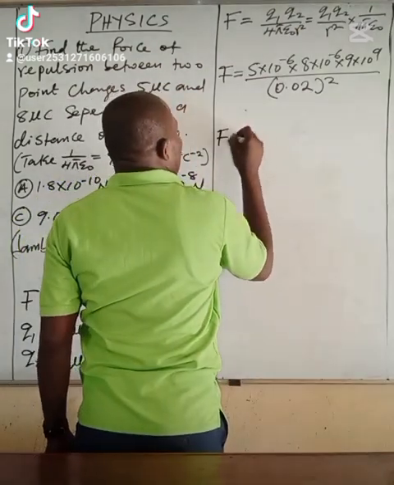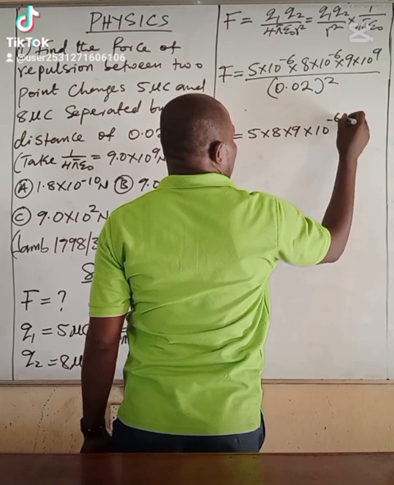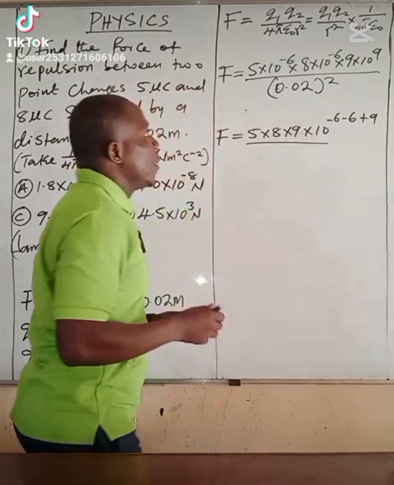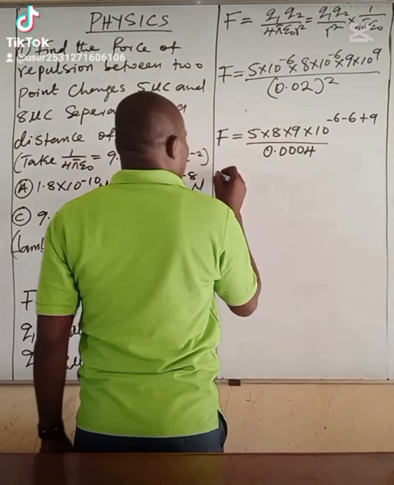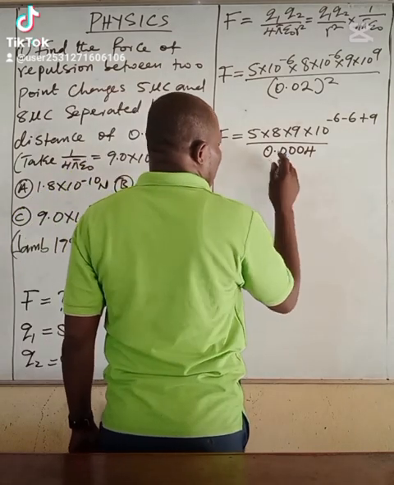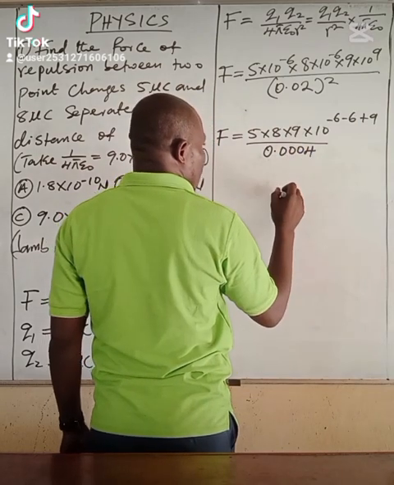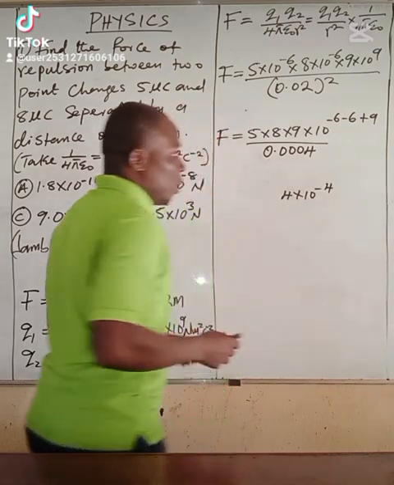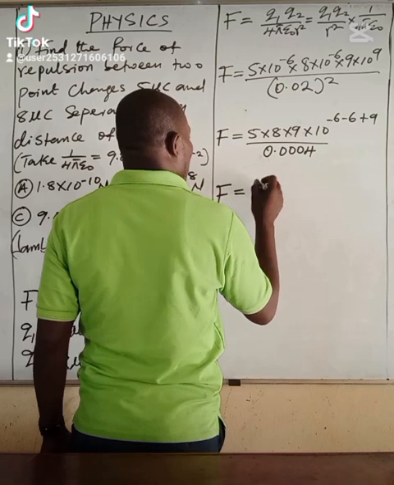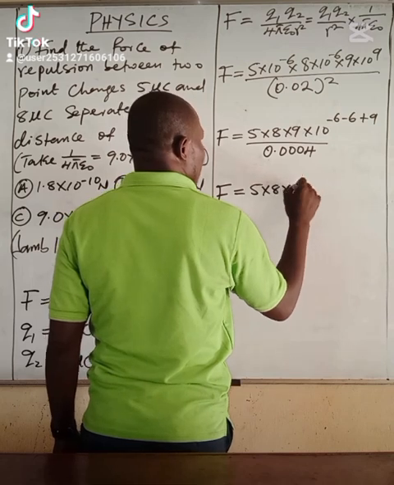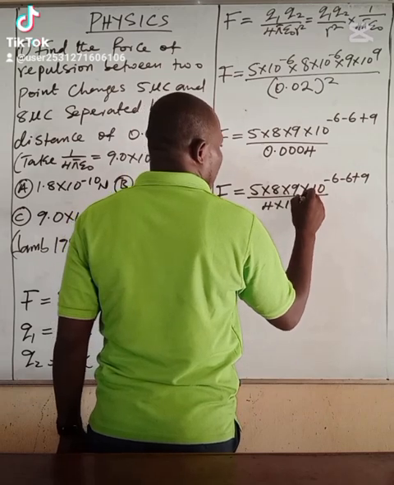So F is equal to 5 times 8 times 9 times 10 raised to the power minus 6 plus minus 6 plus 9, all over. If you square this 0.02, you are going to have 0.0004. All right? So I can change this to standard form by counting 4 places. I move the point 1, 2, 3, 4, so this is the same thing as 4 times 10 raised to the power minus 4. So I'm going to change this to this, so that F is equal to 5 times 8 times 9 times 10 raised to the power minus 6 minus 6 plus 9, all over 4 times 10 raised to the power minus 4.